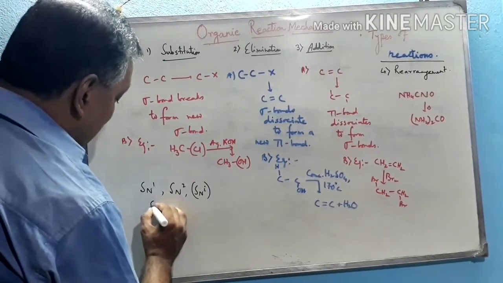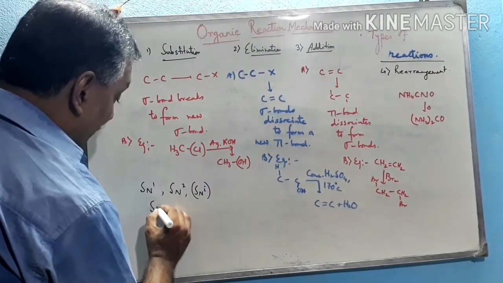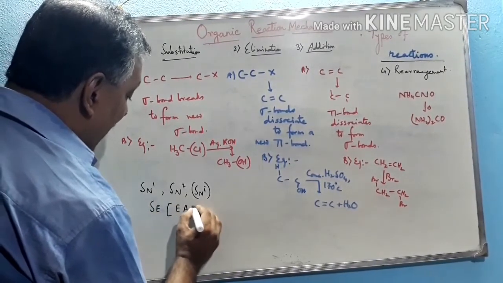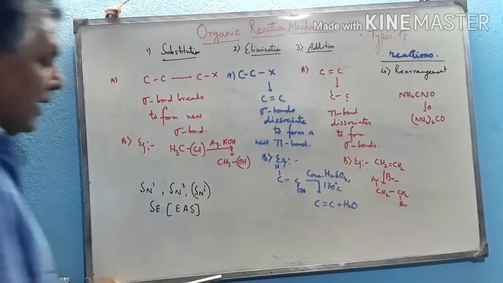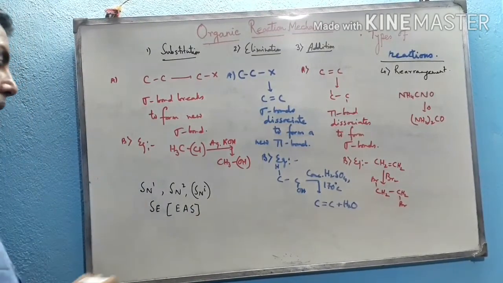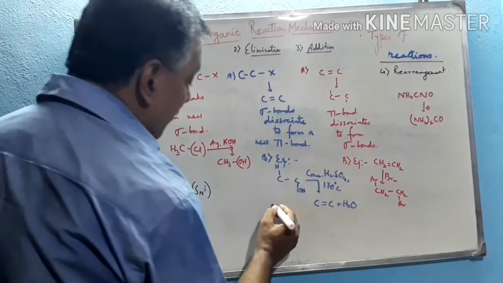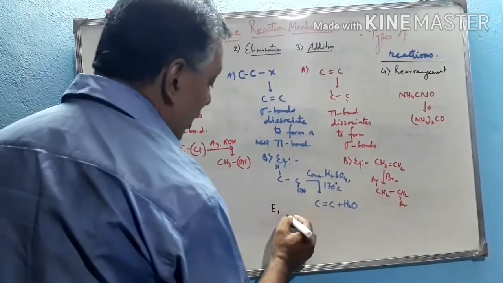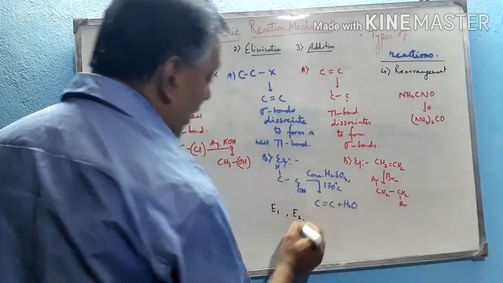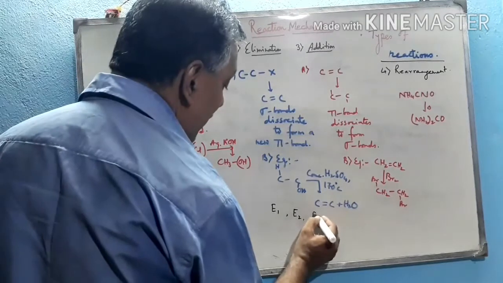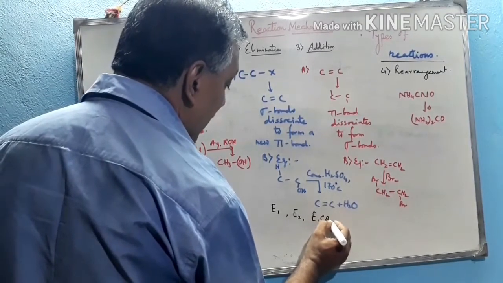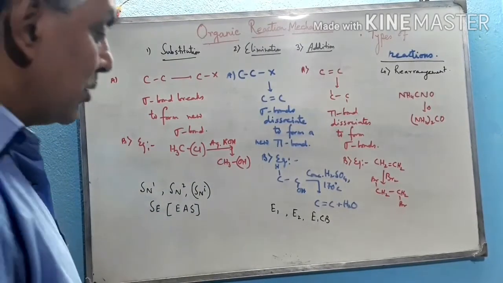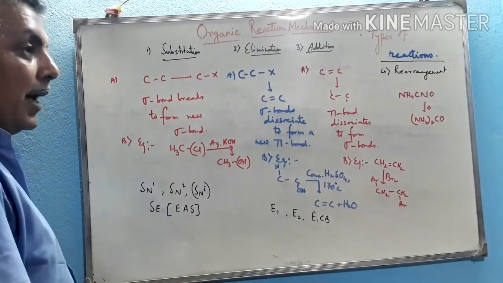And the next part is substitution electrophilic. Generally it occurs as electrophilic aromatic substitution reactions. In case of elimination, these are the types: E1, elimination unimolecular; E2, elimination bimolecular; and E1CB, elimination unimolecular with respect to conjugate base through the formation of anion.